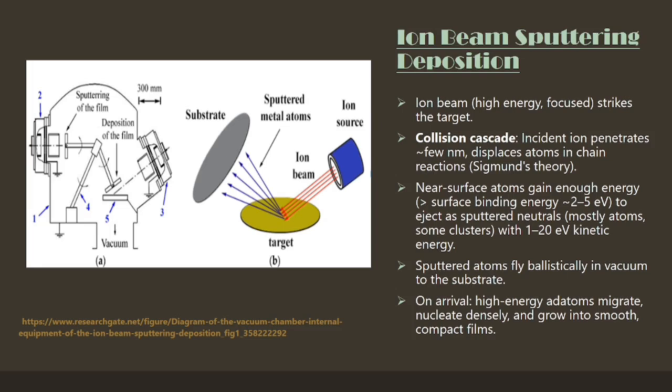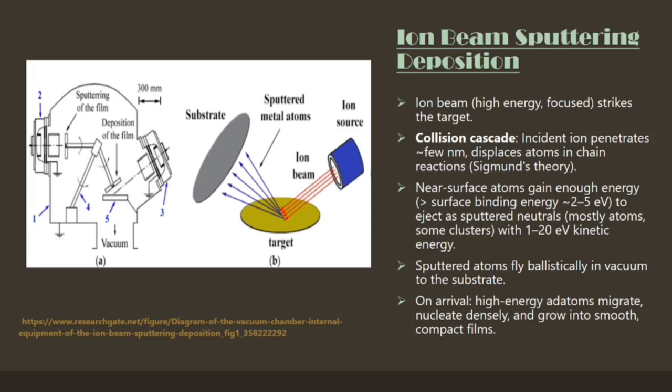The ion speed is around 10 to the power 5 to 10 to the power 6 meters per second, and its mass is almost the same as the mass of the target atoms. So when we are selecting the ion beam, the ion mass and the target atom's mass should be almost similar so that the entire kinetic energy can be transferred smoothly to the target's atom.